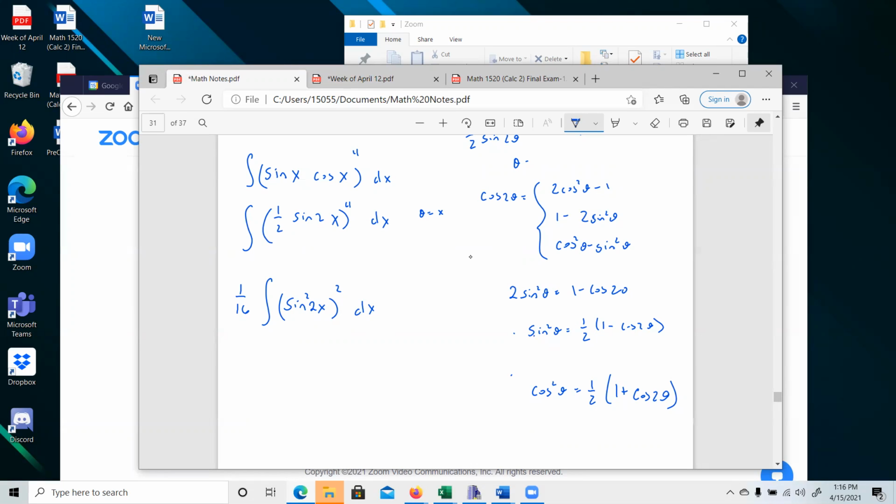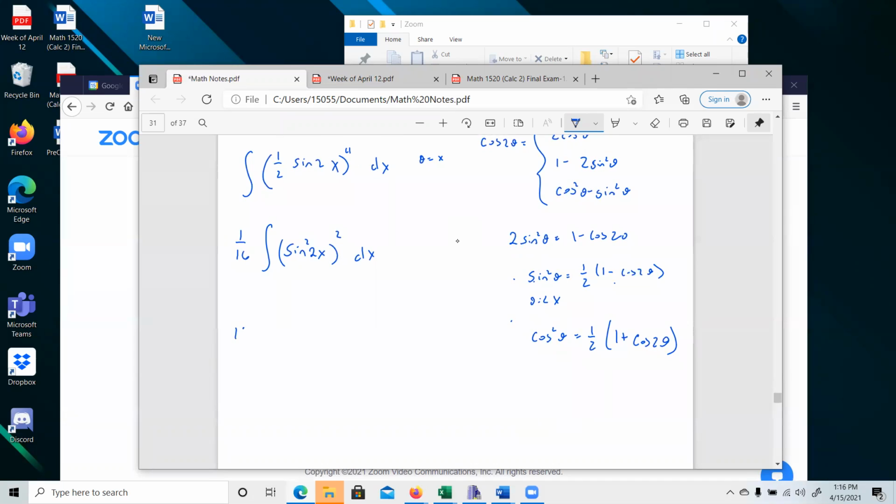Sine squared of theta, in this case where theta is equal to 2x, is equal to 1/16 integral, and this is still going to be squared, but this is going to be 1/2 times 1 minus cosine of 2 theta, that whole thing squared, dx.